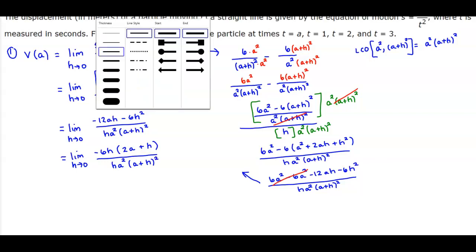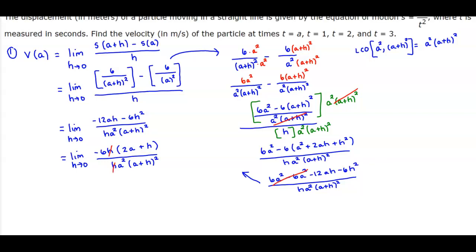So now we can simplify the h. What we have left is the limit as h approaches 0 of negative 6 times 2a plus h divided by a squared times a plus h squared.